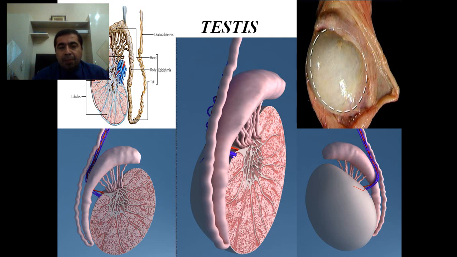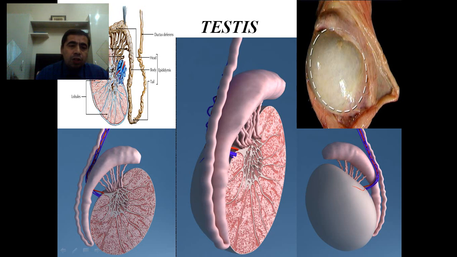This is the mediastinum of the testis and the formation of the septula of the testis. The testis is covered by the tunica albuginea, a dense fibrous connective tissue, and on the posterior border of the testis this tunic forms a thickening, the mediastinum testis, here and also here.